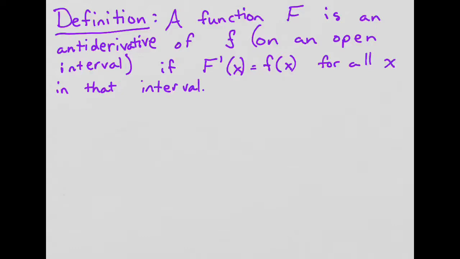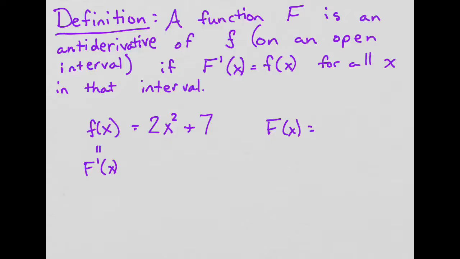Okay, so that's really formal, but what that means is, let's say that little f of x is equal to 2x squared plus 7. Then this is the derivative of some other function. And that other function could be capital F of x is equal to, so we're going to go up in power like we did last time, 2/3 x cubed, and then plus 7x, and then let's just say plus 3.